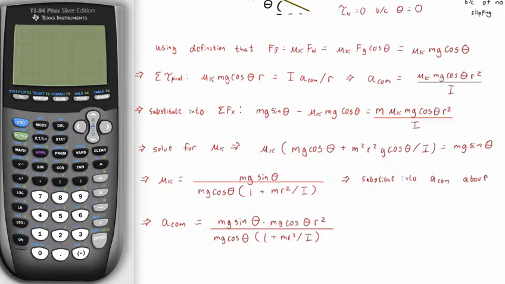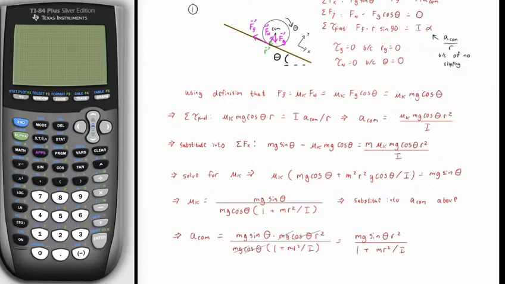These cancel, so we're just going to get mg sine theta r squared over 1 plus mr squared over I, which is a nice result, in terms of being a general result for the acceleration of any shaped object rolling down an incline.